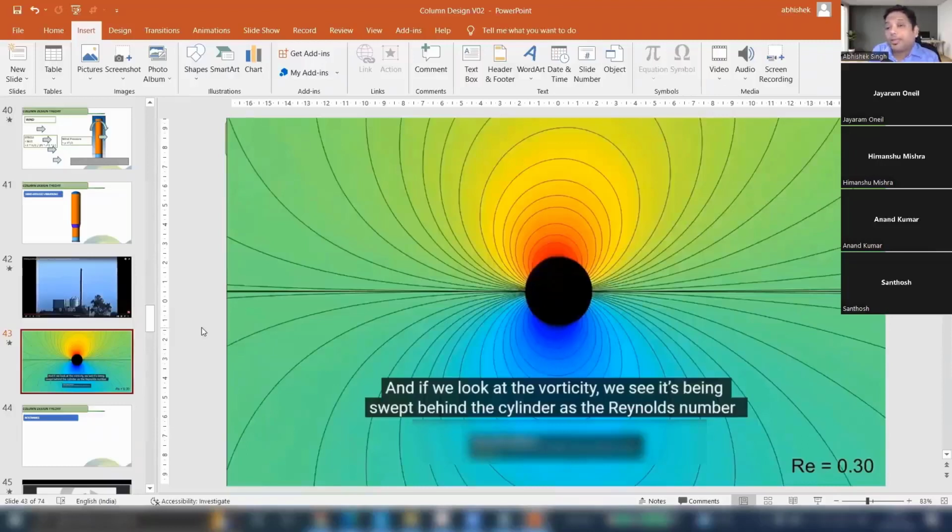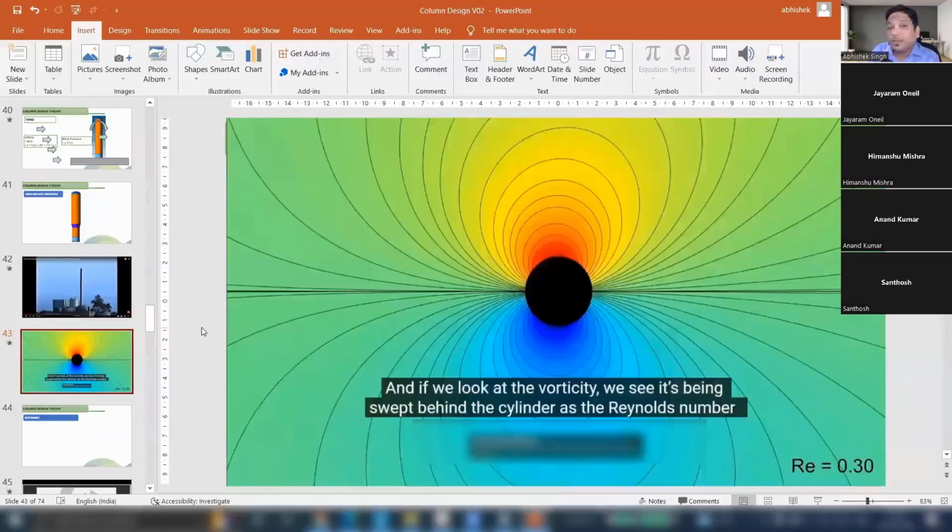No. We'll also understand why that phenomenon happens. Wind-induced vibration is very frequent at approximately 40 km per hour. If the wind velocity is 40 km per hour, that time your wind-induced vibration is maximum.